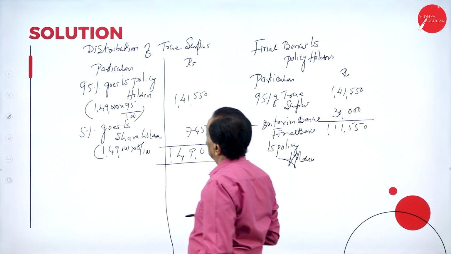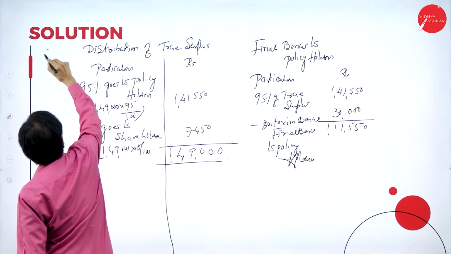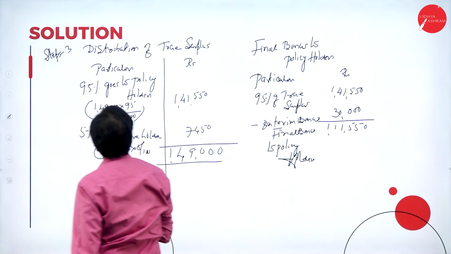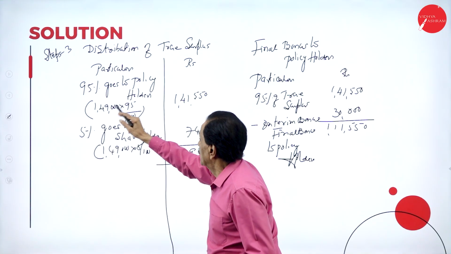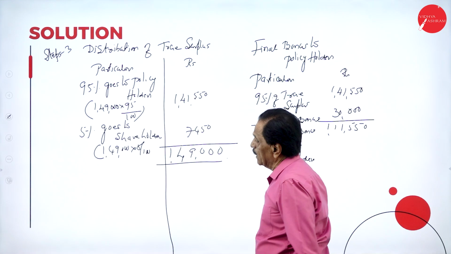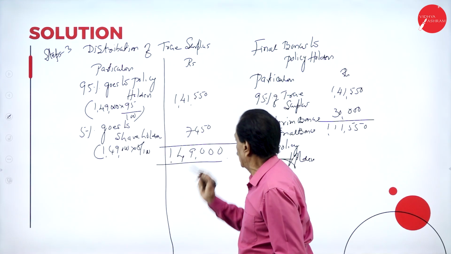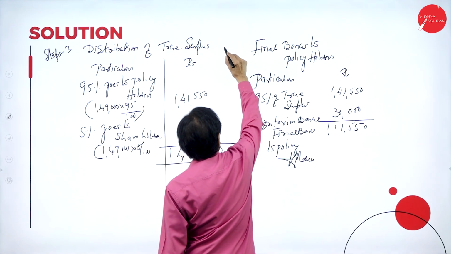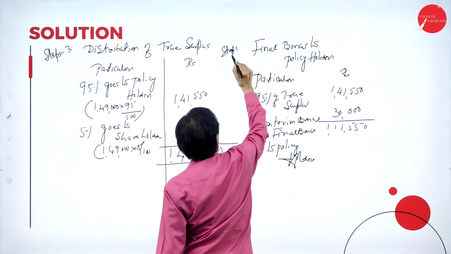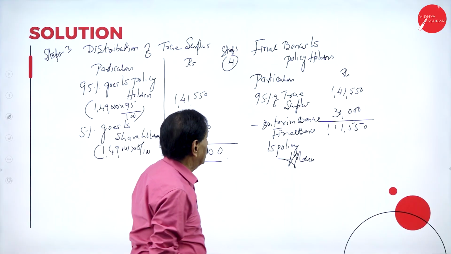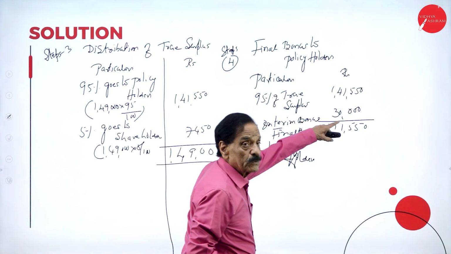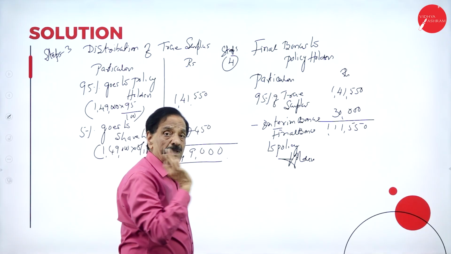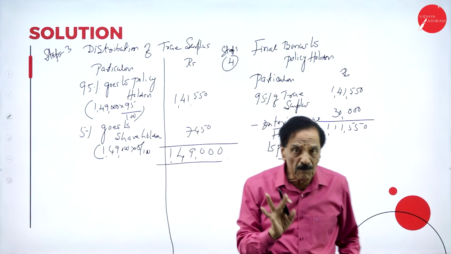Step number 3, distribution of true surplus: 95% goes to policyholder, 5% goes to shareholder, sharing 1,49,000. This is the last step, step 4: final bonus, 95% of true surplus minus interim bonus already paid, is the final bonus to policyholder. These are all the steps to be followed.